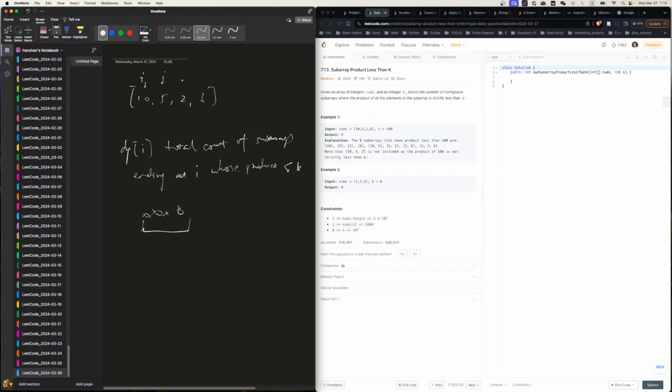That would be all the subarrays starting from i, right? So all the subarrays starting from i. Okay, so in this case, actually just these two, because this one fails, right? This one fails.